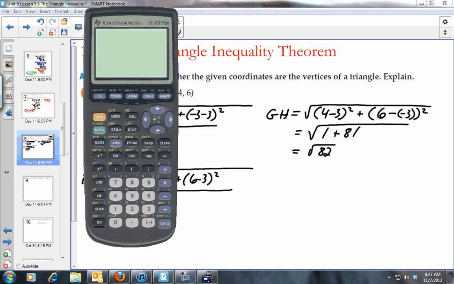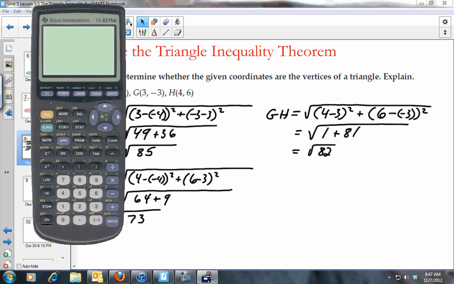Let's see. Well, we don't need to try all the combinations. What are the two shortest sides? There we go.